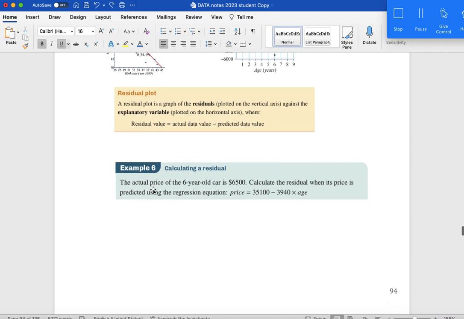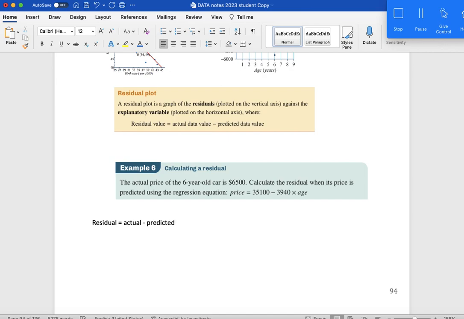All right, so you can be asked to calculate an individual residual. So if you look here, it says calculate the residual for a 6-year-old car whose actual price was $6,500. So here you would be writing out residual equals actual minus predicted. That's the formula.